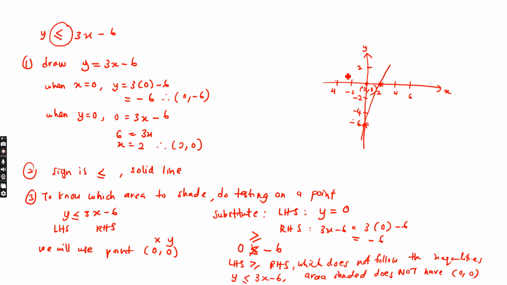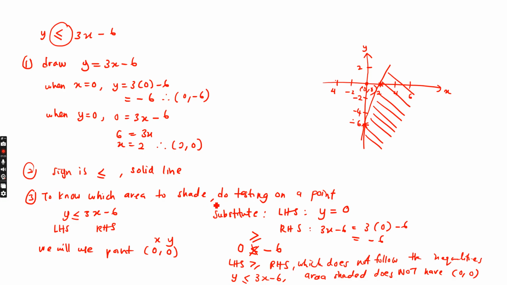So it's not this area, it will be this area. Because inside this region, we don't have the point 0, 0 that we used for testing just now. So that is how we find which region to shade.